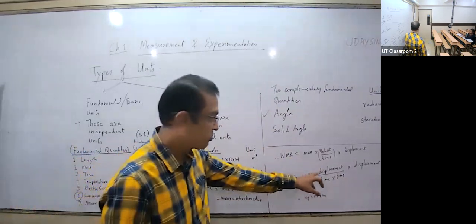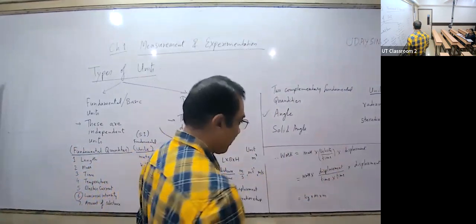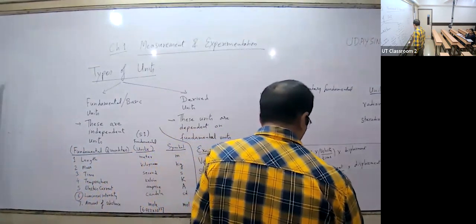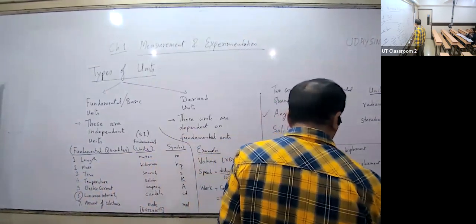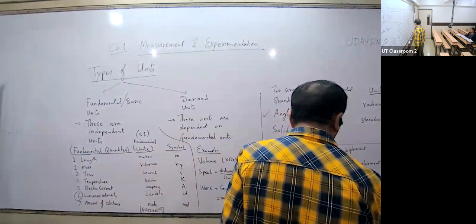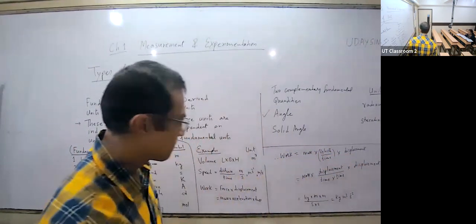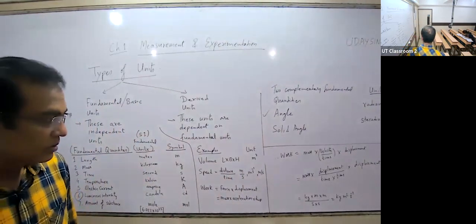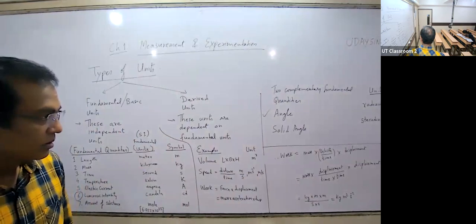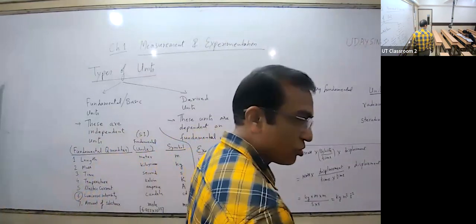Just here you have to specify direction, but while writing the unit, no need to write the direction. Divided by second into second. So the unit now is kg meter square per second square. This is the unit of work, and in short it will be called joule.